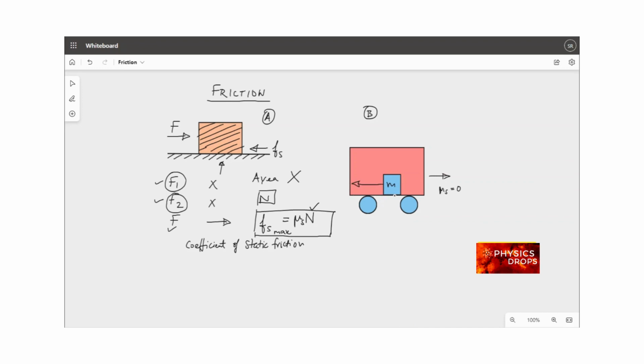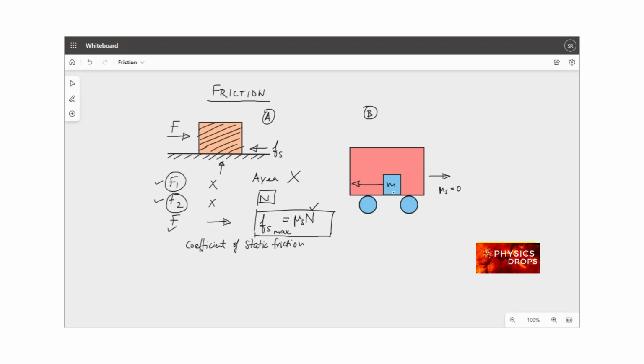Assume that there is an ice floor inside the trolley and a smooth block, a wooden block or a metal block, is placed on the ice floor. Because there is no friction or negligible friction, as the trolley moves forward, the block will slide and hit the back wall of the trolley.